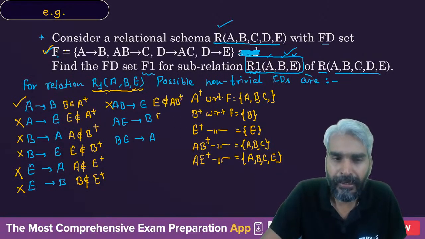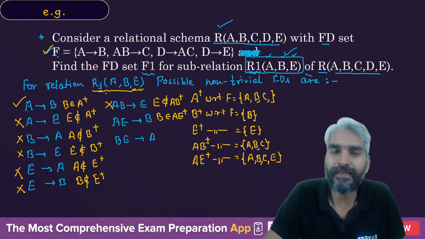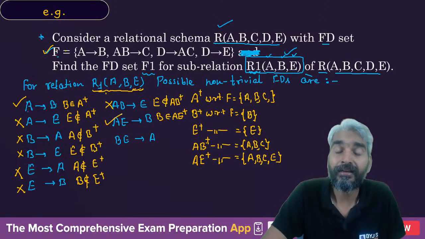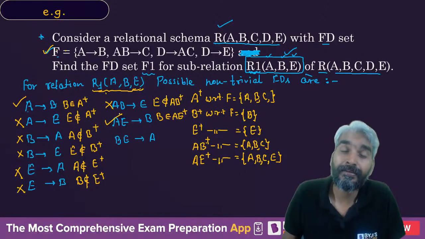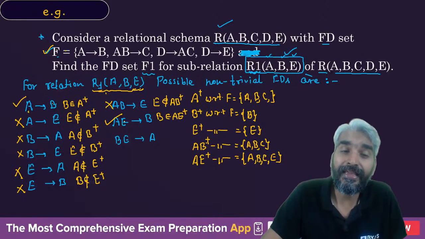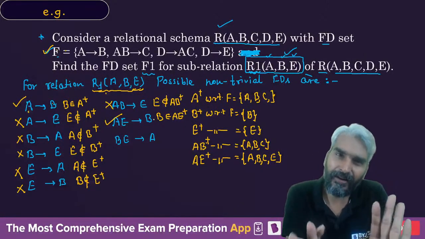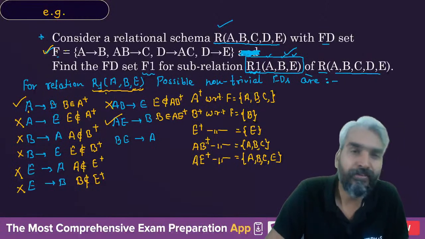Yes, B belongs to AE closure. Therefore, this is a valid FD. But you need to understand that if A alone can determine B, then AE determining B is redundant. But anyway, this is a valid FD.